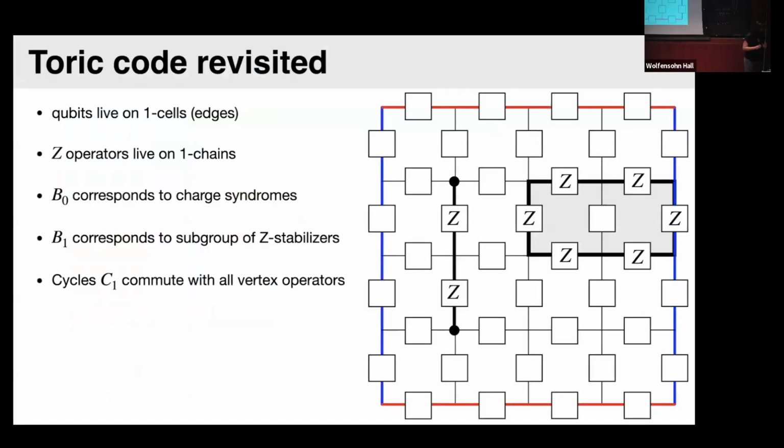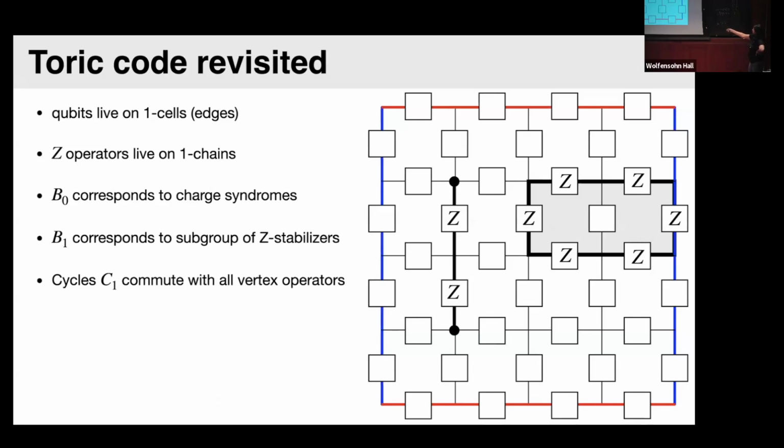Okay. So now let's just revisit the toric code in this language. The point is that once I've defined this cellulation, and I can define this cellulation in any way I want, I can work with a honeycomb lattice, okay? I can change how I cellulate things, but I'm going to define my qubits on 1 cells or edges.